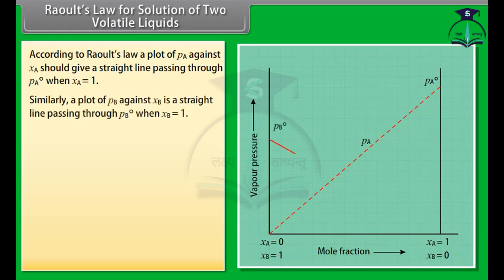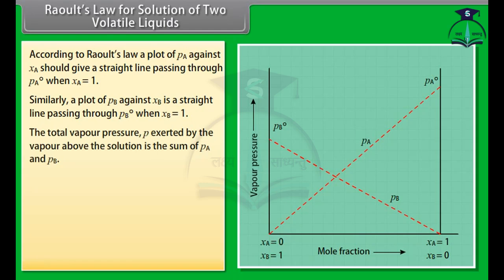Similarly, a plot of PB against XB is a straight line passing through PB° when XB = 1. The total vapor pressure, P, exerted by the vapor above the solution is the sum of PA and PB.